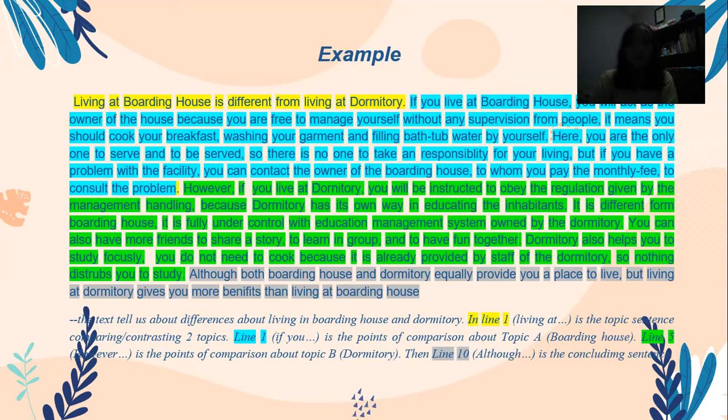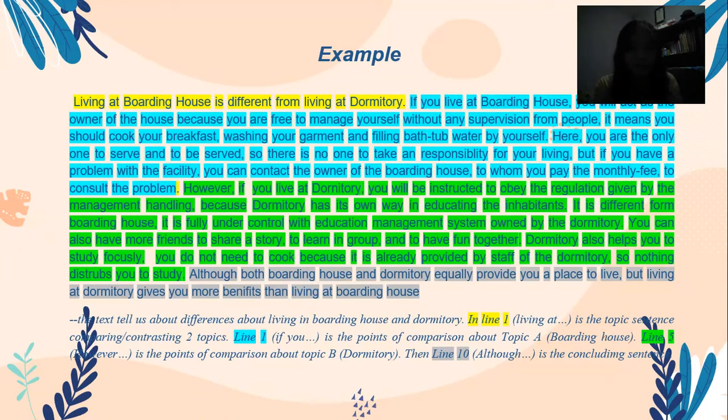Nah, this example is including the compare or contrast text because the text tells us about differences about living in a boarding house and a dormitory. Line 1, which I marked with yellow color, is the topic sentence comparing or contrasting two topics.